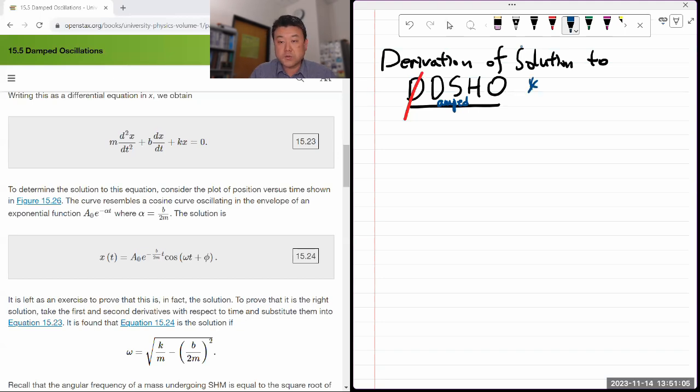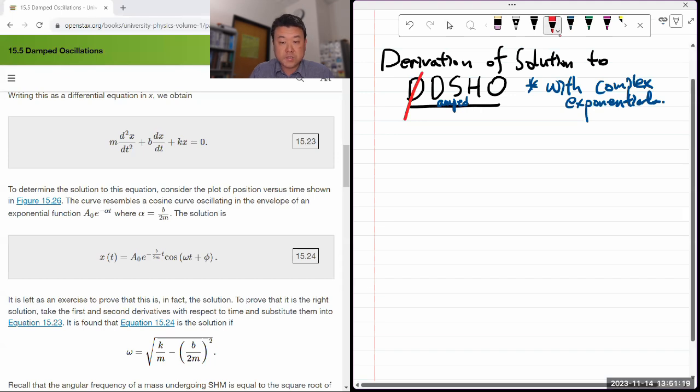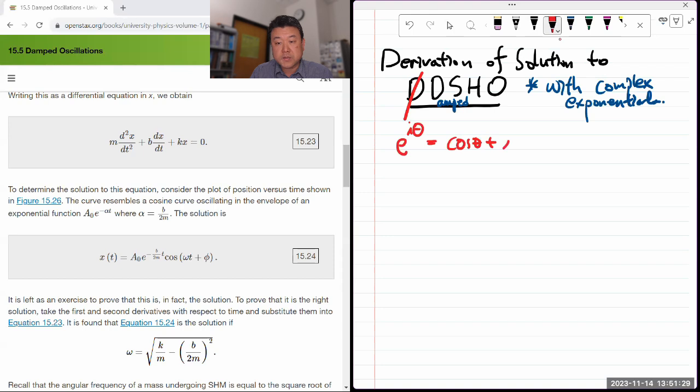So we are going to use complex exponentials, with an invitation for you to read the Feynman lectures. The main thing I'm going to be using is Euler's formula that says Euler's number raised to the power i times theta is equal to cosine of theta plus i sine theta.